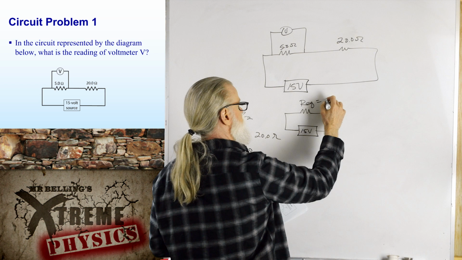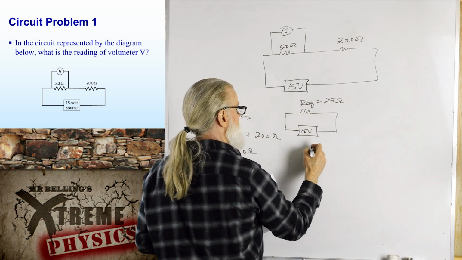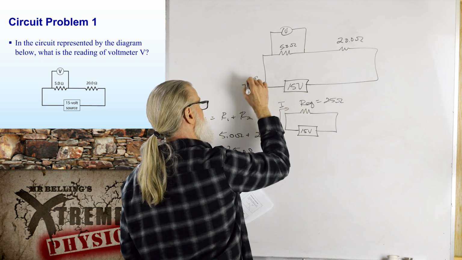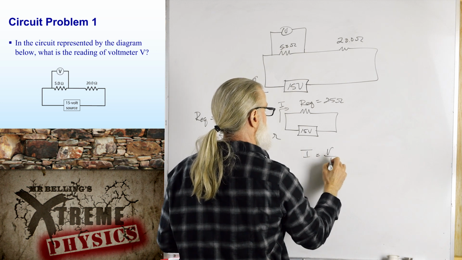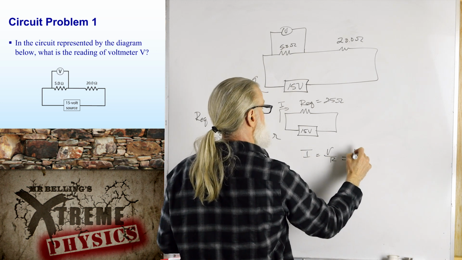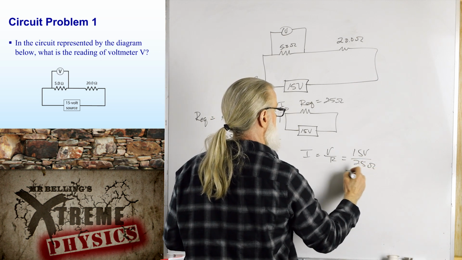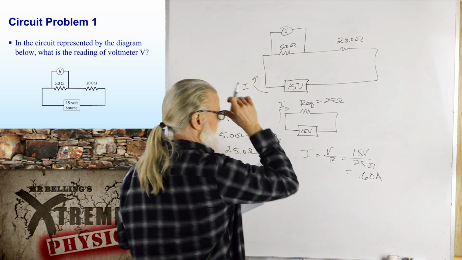So therefore, the current in this circuit, which is also the current in this resistor, is going to be I equals V over R equals 15 volts divided by 25 ohms. So it looks like we have 0.6 amps.